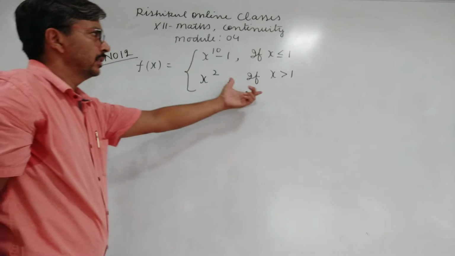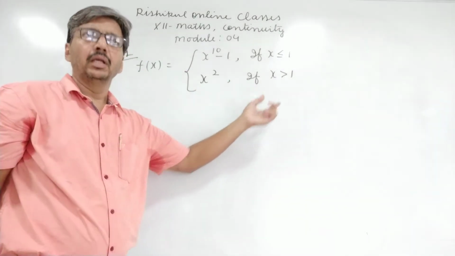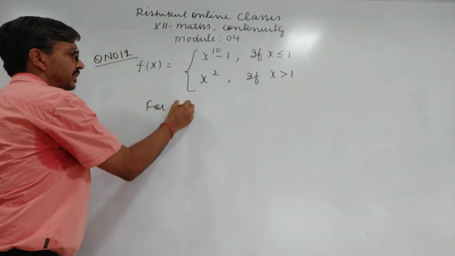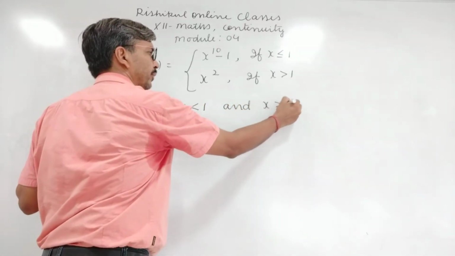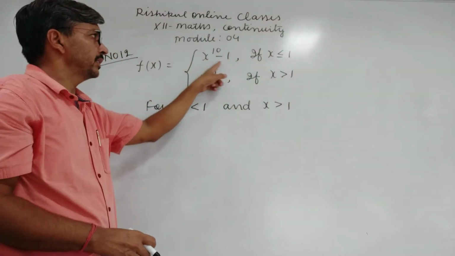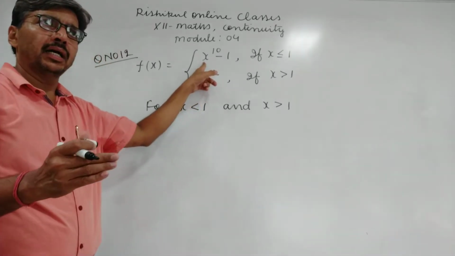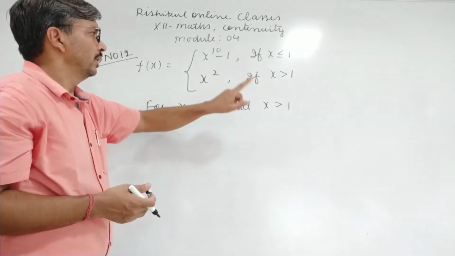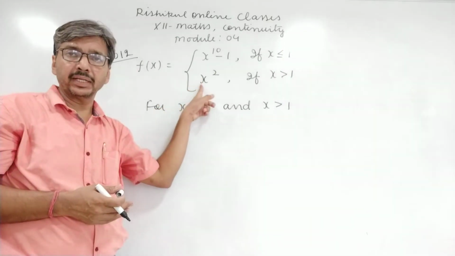Now see here, what is the domain? Domain is the set of real numbers. We will see here for x less than 1 and x greater than 1. When x is less than 1, function is this. This is a polynomial function, and we know that the polynomial function is continuous everywhere. For x greater than 1, the function is again polynomial.